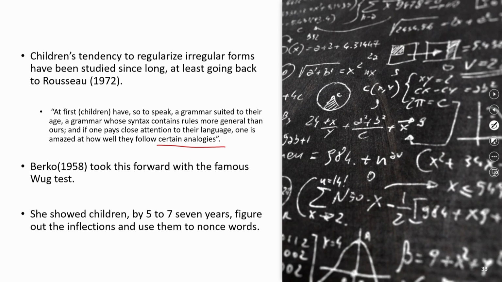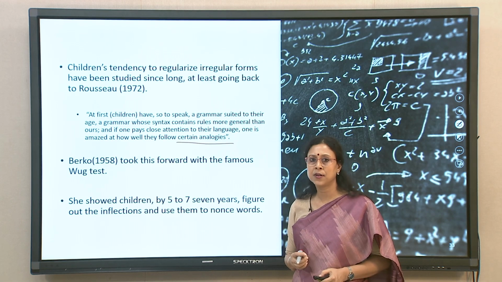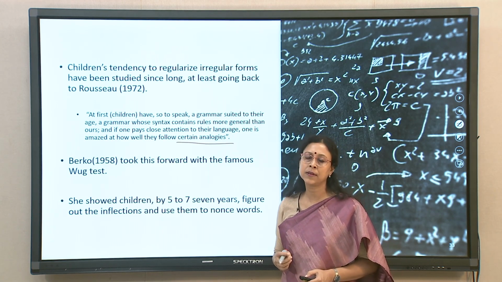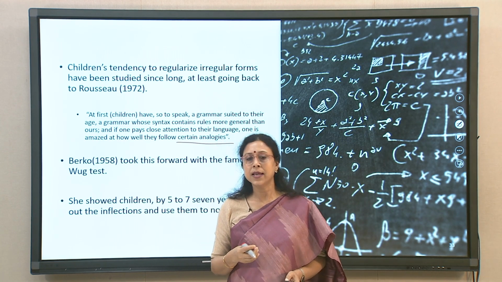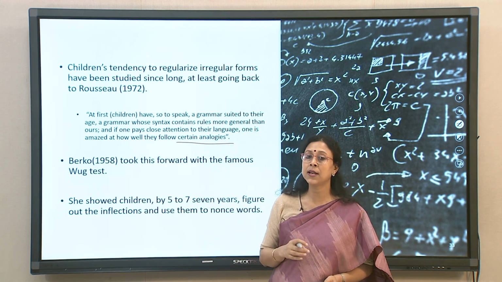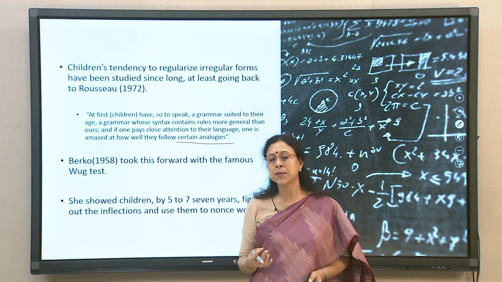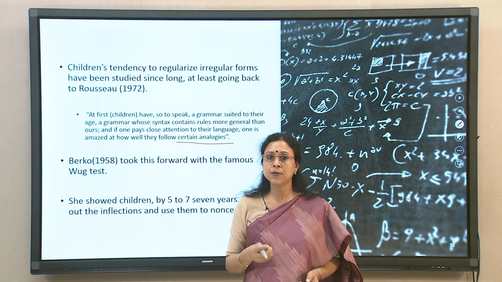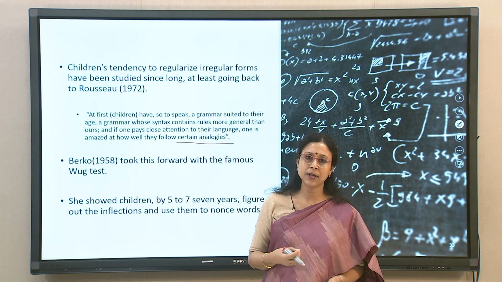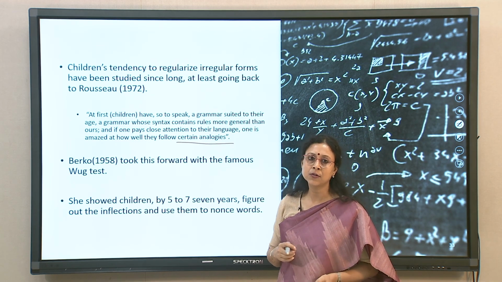Berko took it forward with the famous wug test. Berko in 1958 carried out an experiment with children to see if they understand the metalinguistic property of using inflectional morphology. Basically, do they know the rules? Have they figured out the rules?